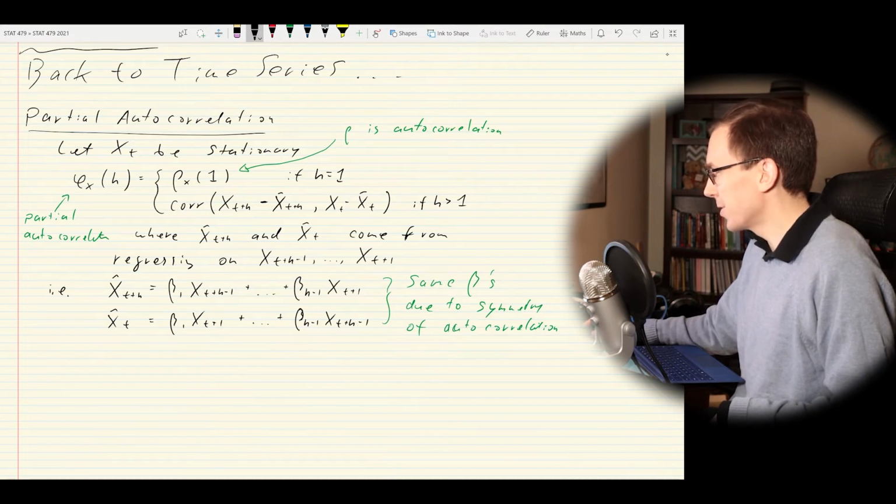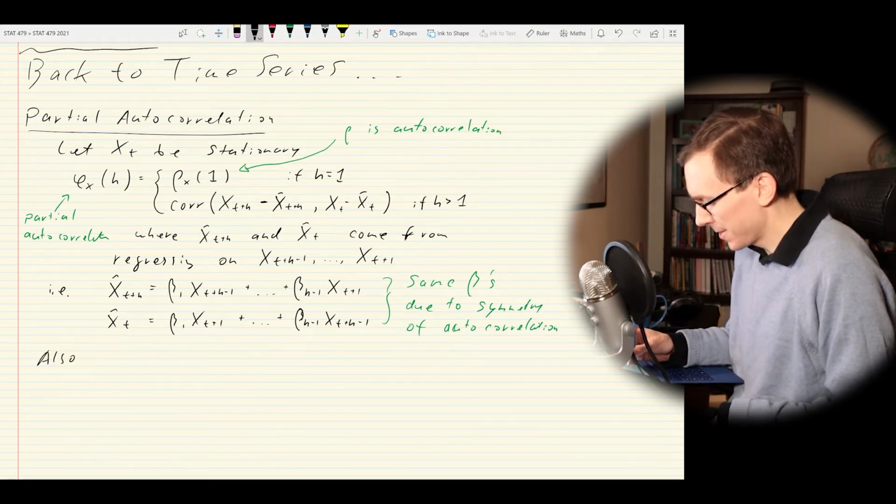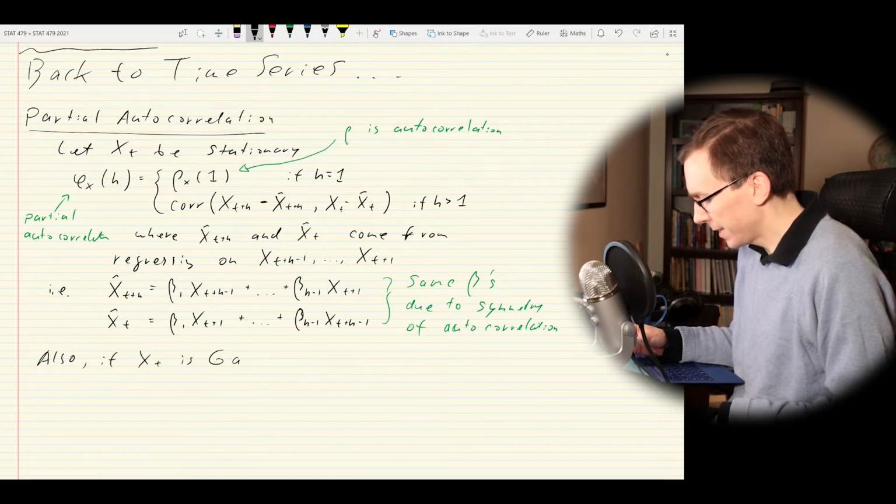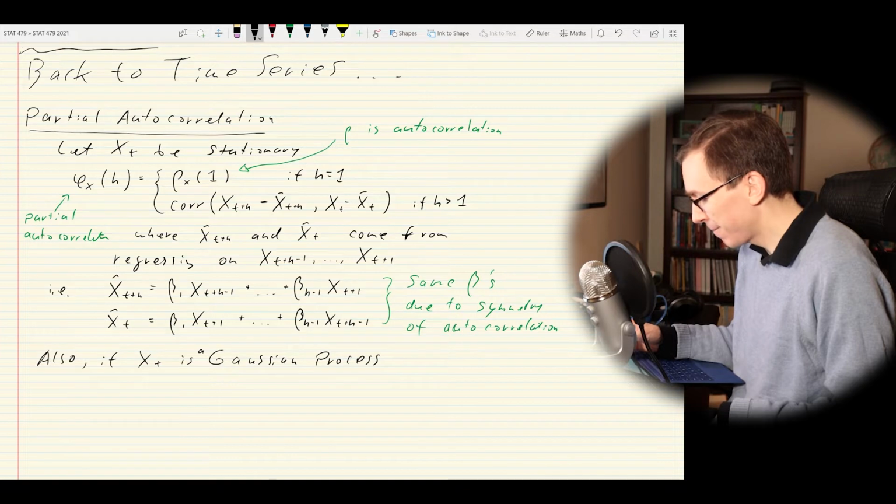And I'll say also, if x_t is Gaussian, a Gaussian process to be more precise.